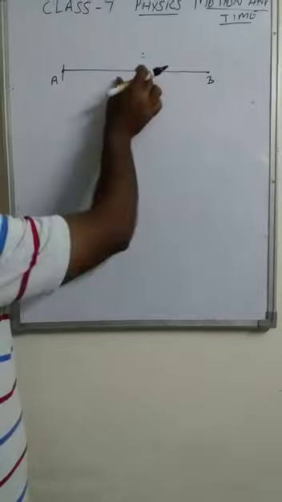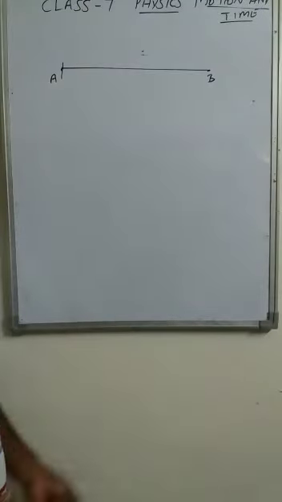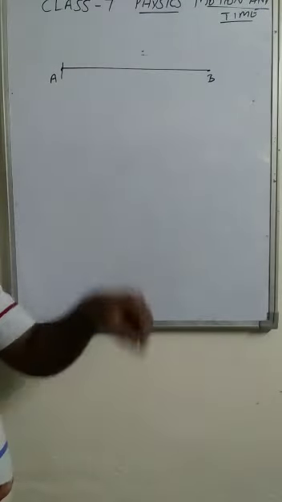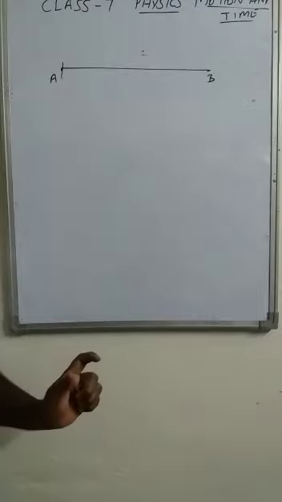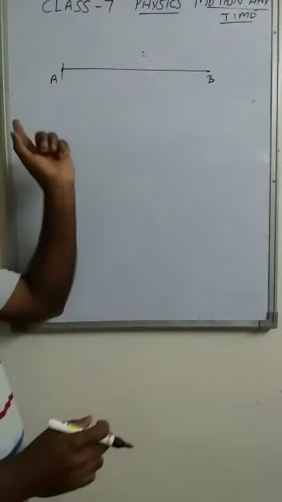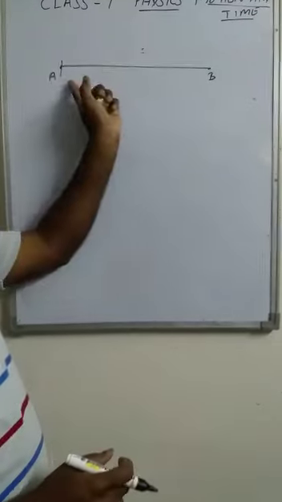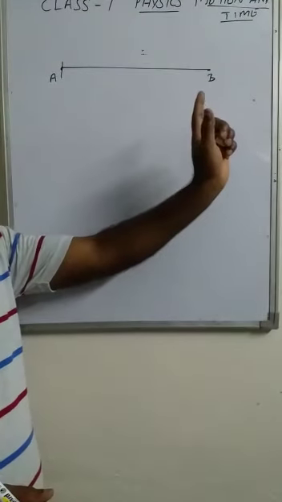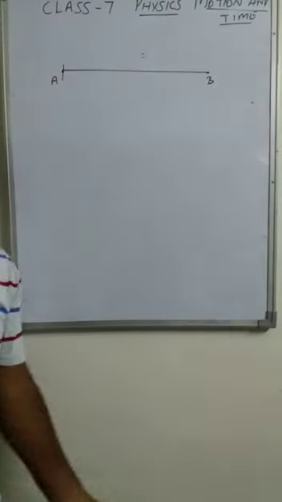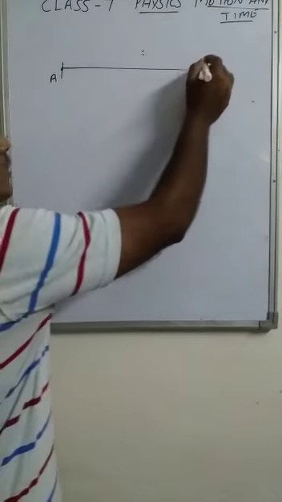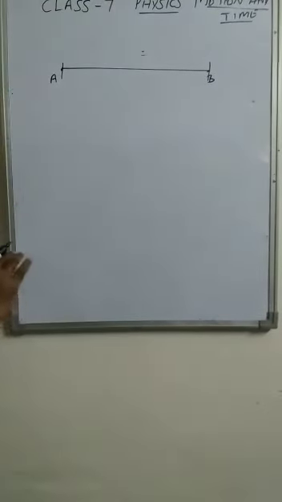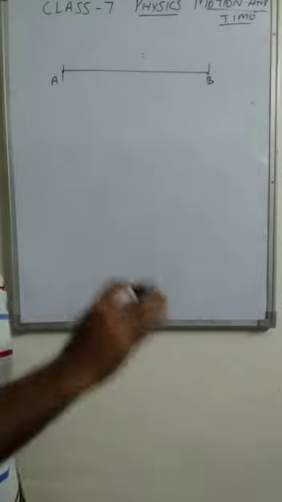Then during the motion, the object may come to rest for some time. Then it moves. So in this way, in the equal interval of time, if the distance covered is not the same, throughout the motion the object was in non-uniform motion.